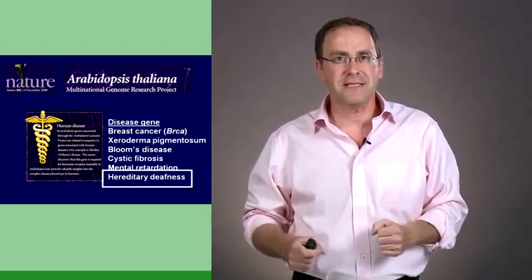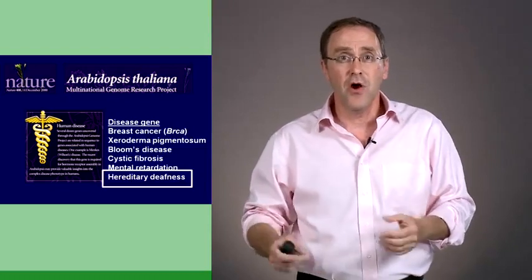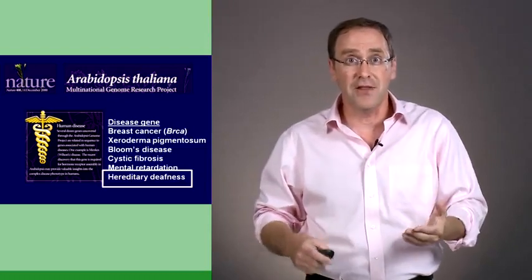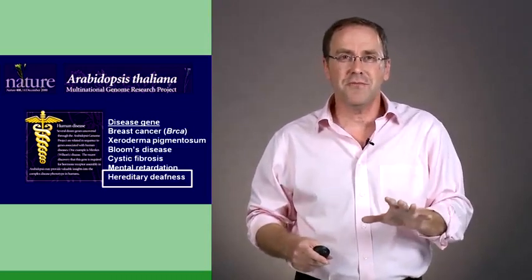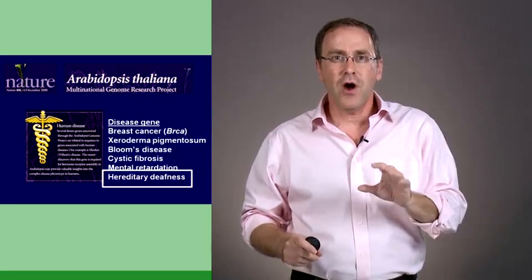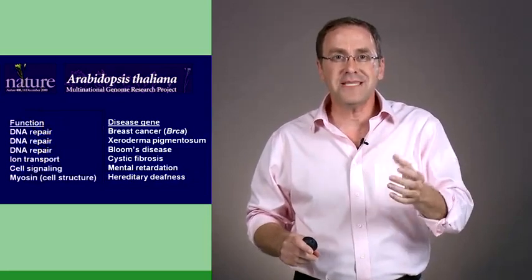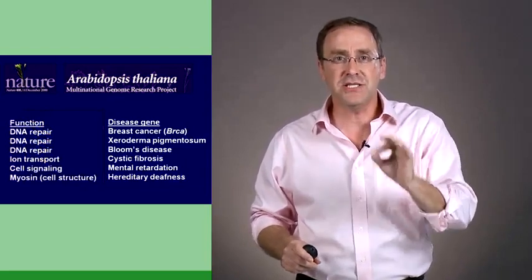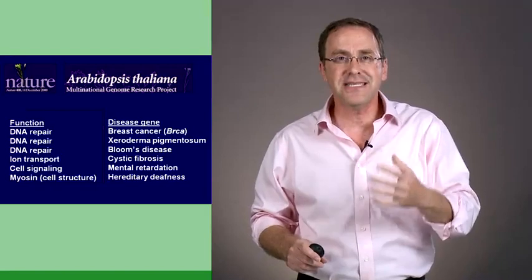Why would plants contain genes for breast cancer or for cystic fibrosis when they obviously don't have breasts and they obviously don't have lungs? Well, the name of the gene can be a little bit misleading. We called it the gene for cystic fibrosis or the gene for breast cancer because mutations in these genes, when the genes are no longer functional, cause the disease.